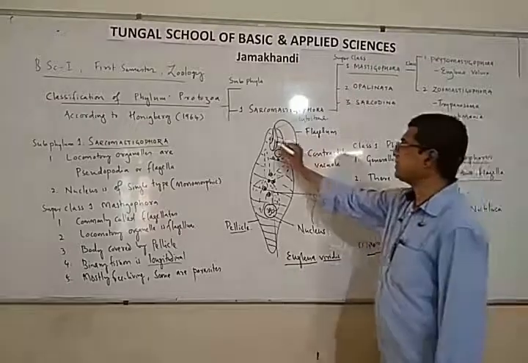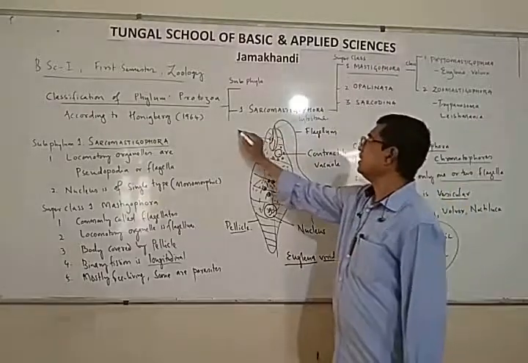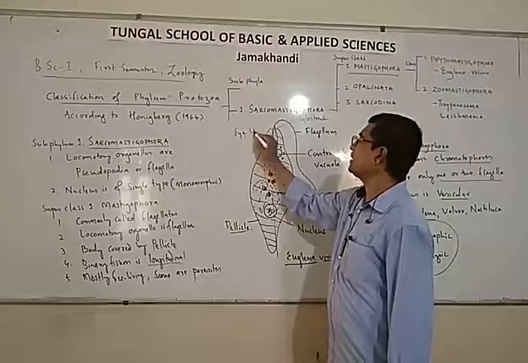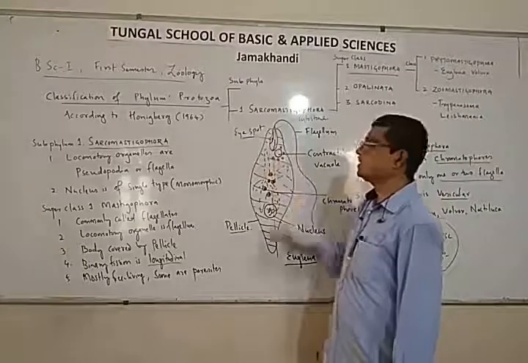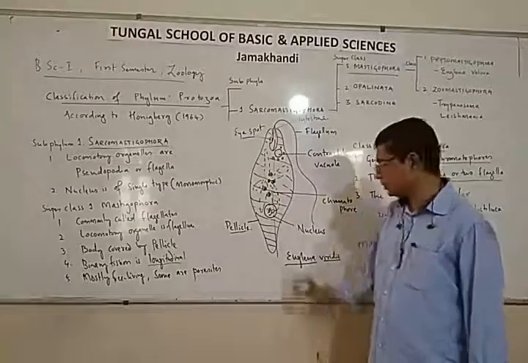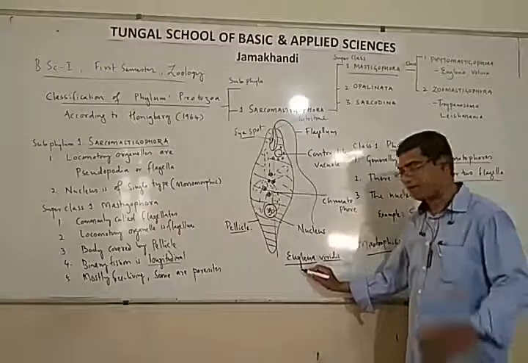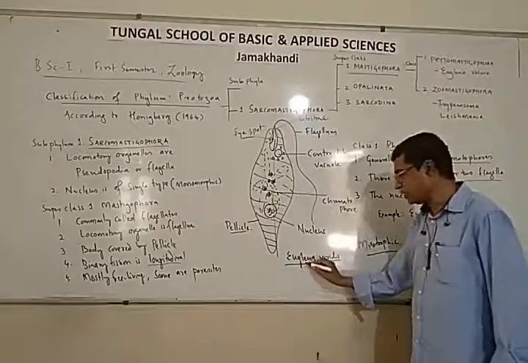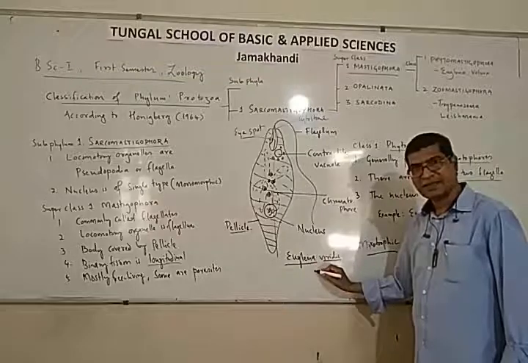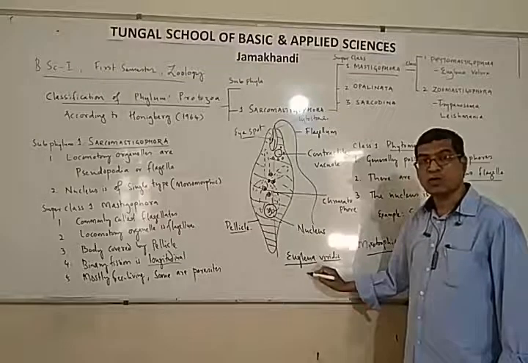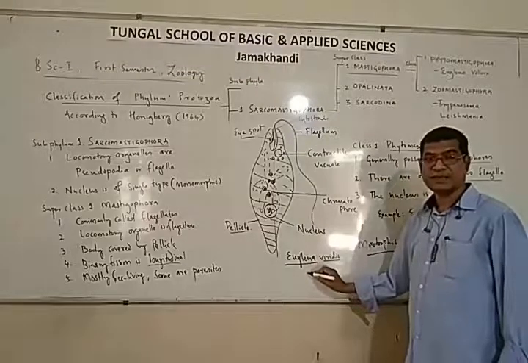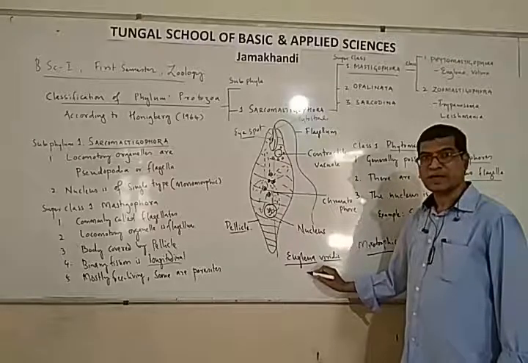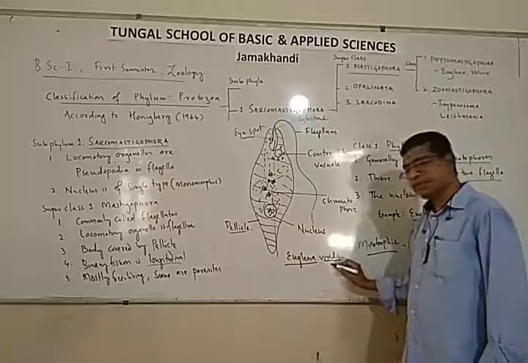It has an eye spot here, which is sensitive to light. In Greek, eu refers to true and glena refers to eye. Euglena, the true eye possessing protozoa, is known as Euglena viridis.